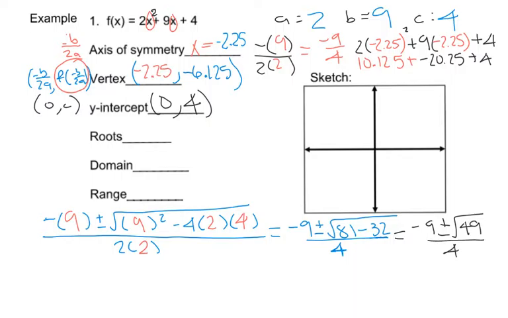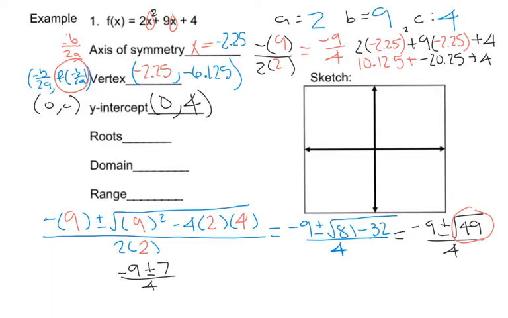Luckily for us, this is a perfect square, so it actually reduces perfectly. Remember, if you get a negative number there, then that would mean that this has no x-intercepts. So keep that in mind. So we would have negative 9 plus or minus 7 divided by 4.